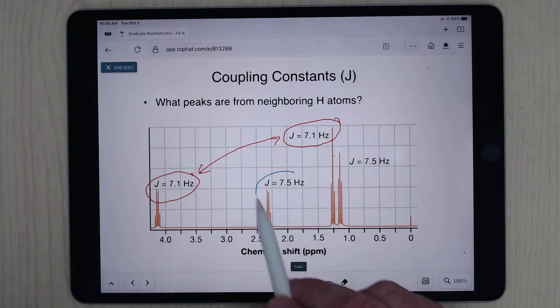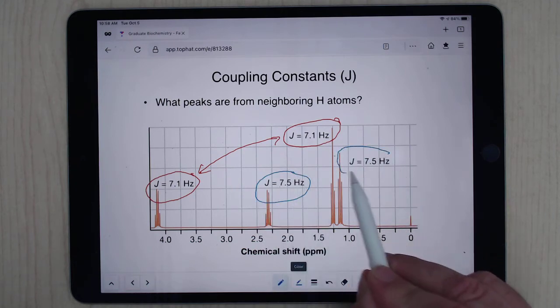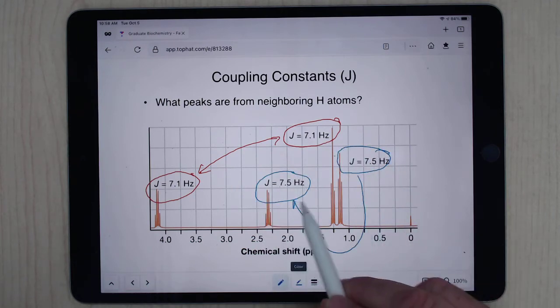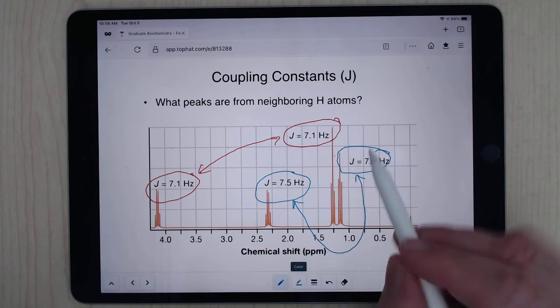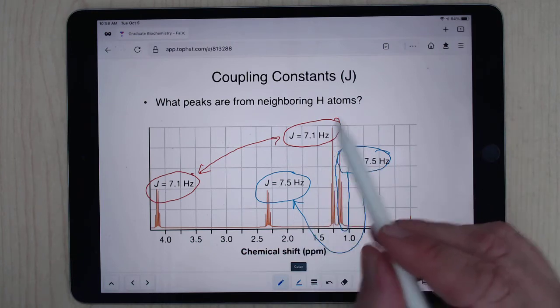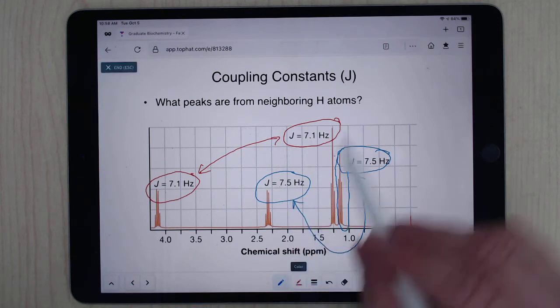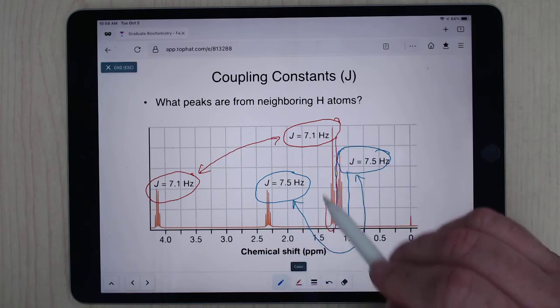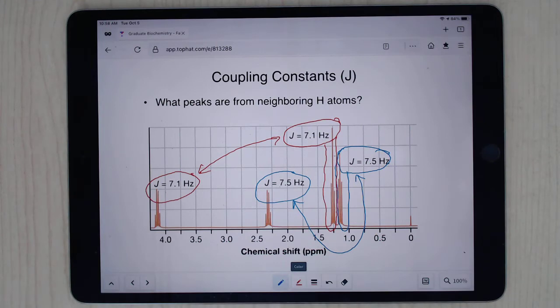And then these guys are splitting, and these guys here are splitting with here. So that's one of the things you can use as extra pieces of information to tell you who's next to what.